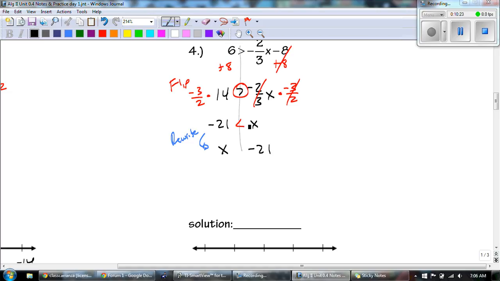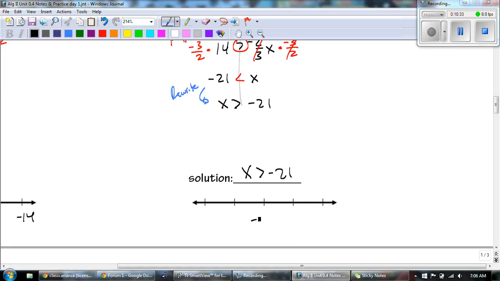The inequality is pointing at the negative 21, so I want to make sure it's still doing that. So x is greater than negative 21. Numbers to the right get larger, to the left get smaller. So at negative 21, I am open and it's greater, so I want to shade to the right.